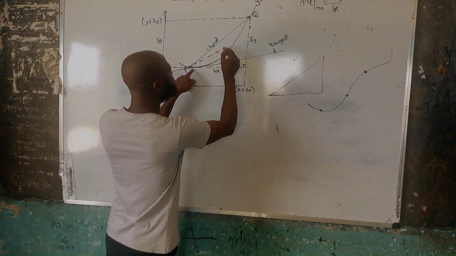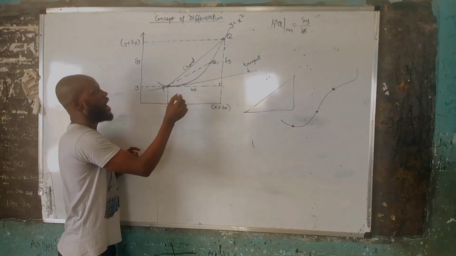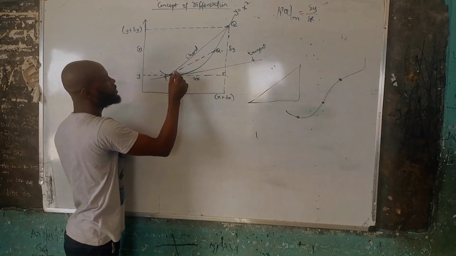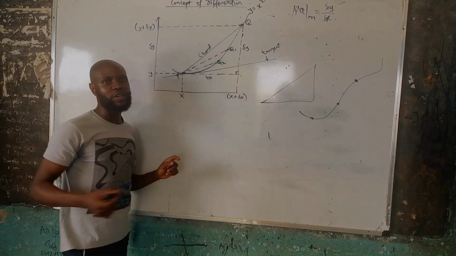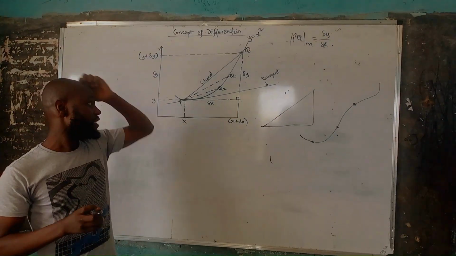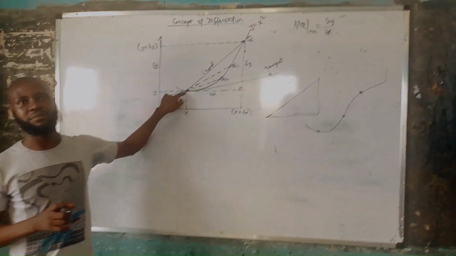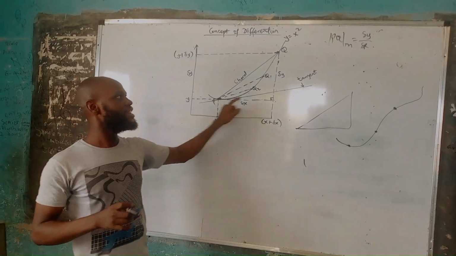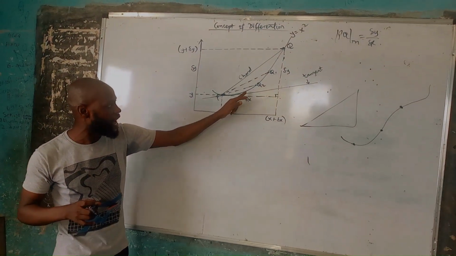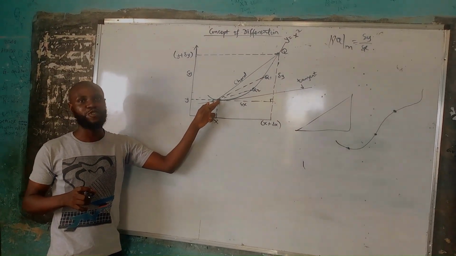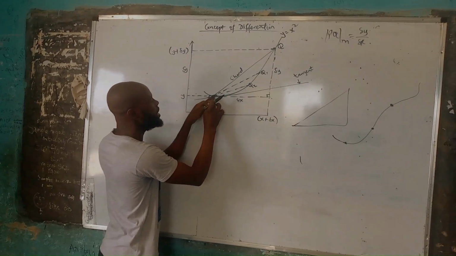If we move Q to this point Q1 and then to this point Q2, it will get to a point where Q will coincide with P. That is, if Q moves closer and closer until it coincides with P, our chord PQ becomes a tangent.